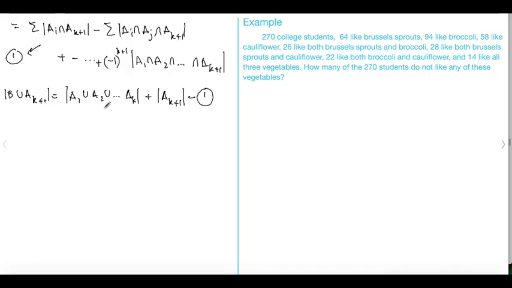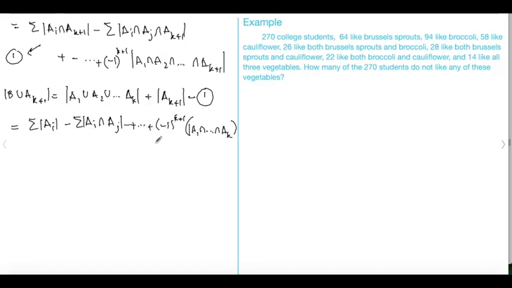Now, because of the inductive hypothesis, the cardinality of B is equal to the sum of AI, minus the sum of AI intersection AJ, plus and minus, up to minus 1 to the K plus 1 times the cardinality of A1 intersection up to AK.